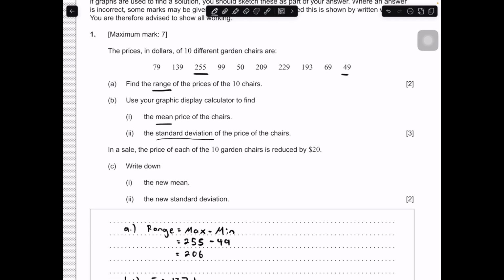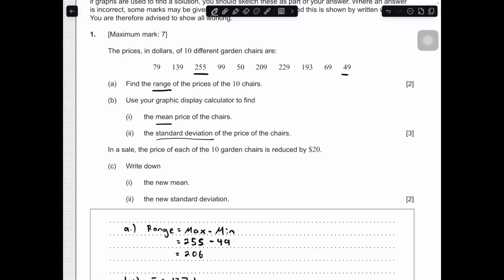So in this case we have 10 different garden chairs, and we're not using these values to say something more generally about, let's say, the prices of garden chairs across the state or the province, or the prices of garden chairs in a catalog, and we've just chosen a sample. These are the 10 garden chairs that we want to know something about.